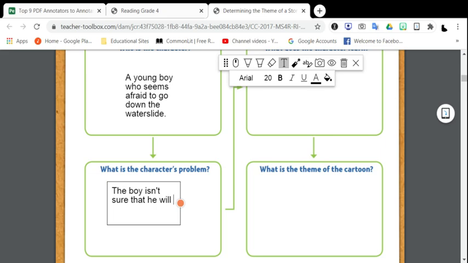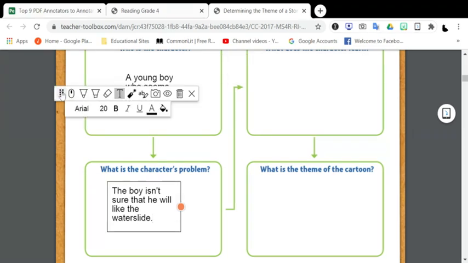That's how a normal story would progress. The problem is the boy isn't sure that he will like the water slide.